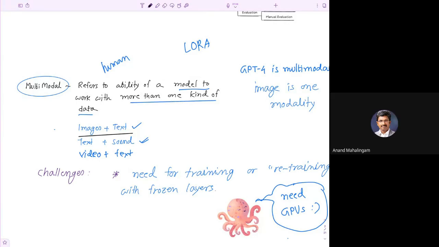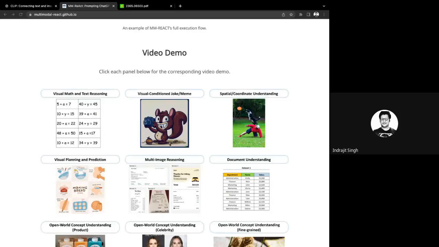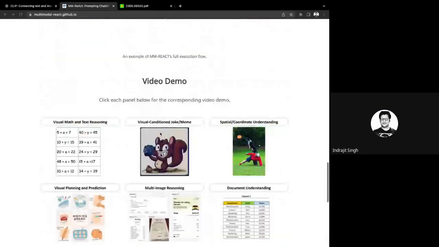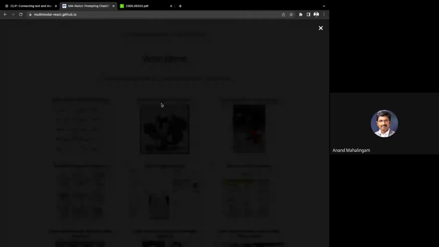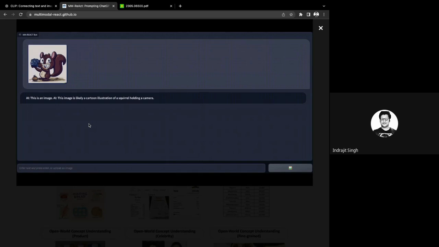So can we see an example in the playground area, where it understands from the images and then gives the reasoning? Yeah, let's take the Tom and Jerry one. It's an image again. It's loading, just a moment. Yeah, so this is an image. This image is likely a cartoon illustration of a squirrel holding a camera.